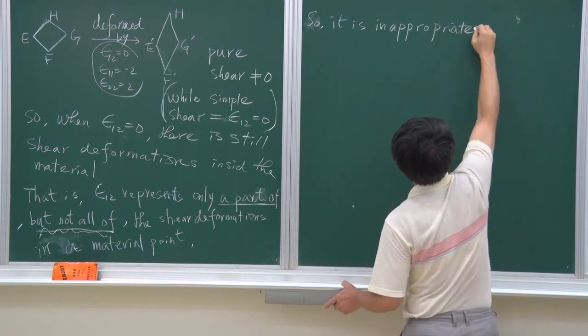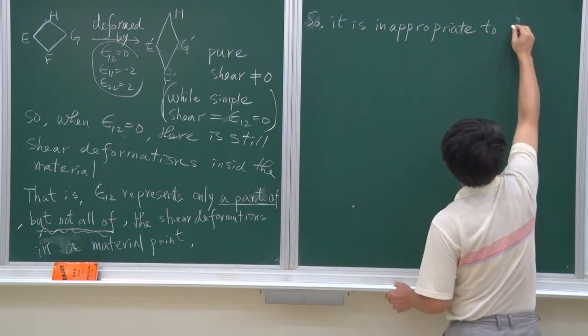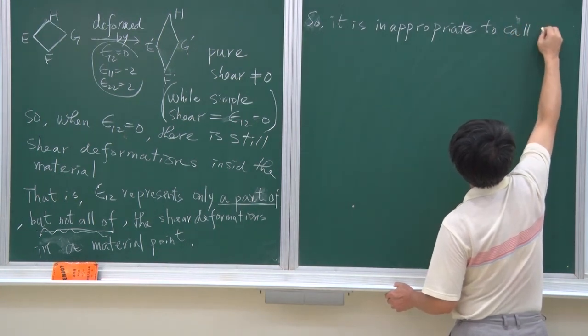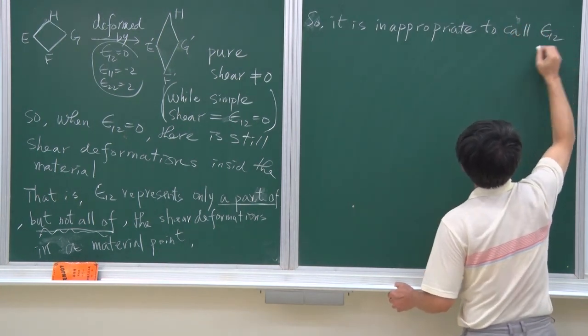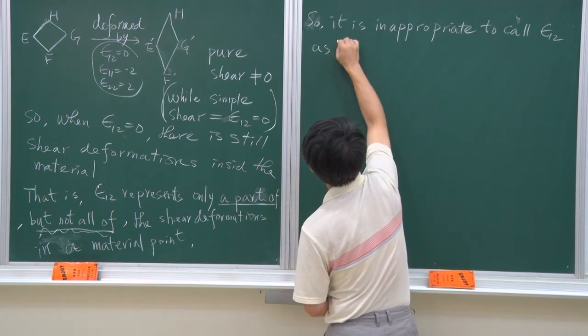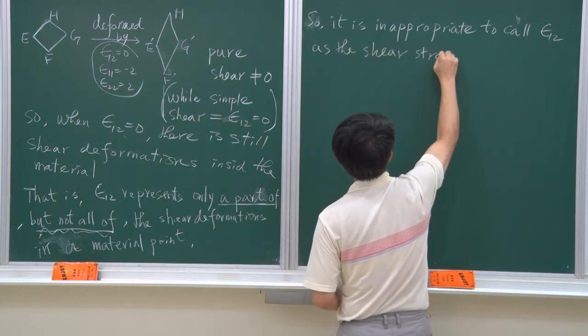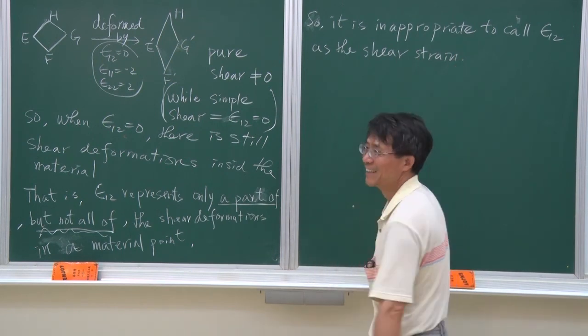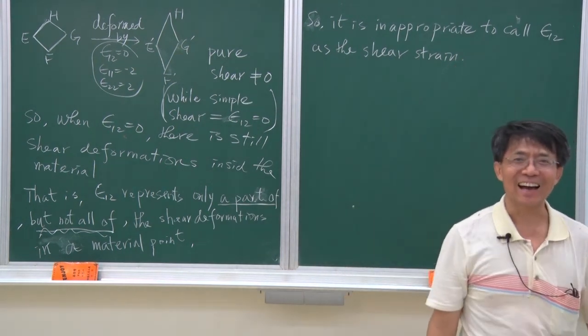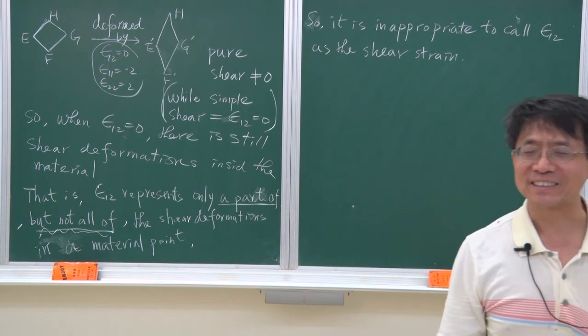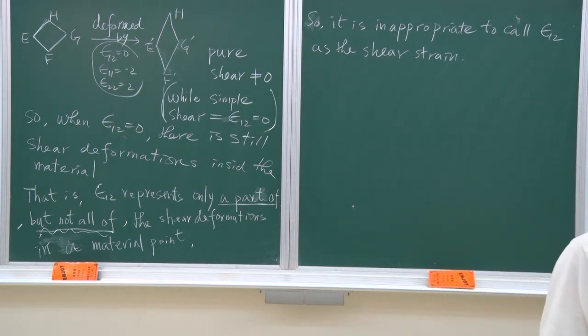Inappropriate to call ε12 the shear strain. Understand? Just like if you can beat somebody in Taiwan at table tennis or tennis, you don't call him the king of tennis.